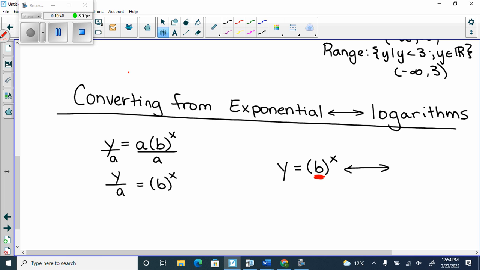The base of my exponent becomes the base of my logarithm. So we're going to write log base b. Do you see that? Base of the log, base of the exponent. They're the same. Okay? This is the only other thing you need to remember.